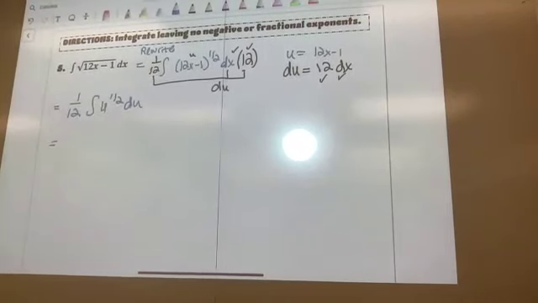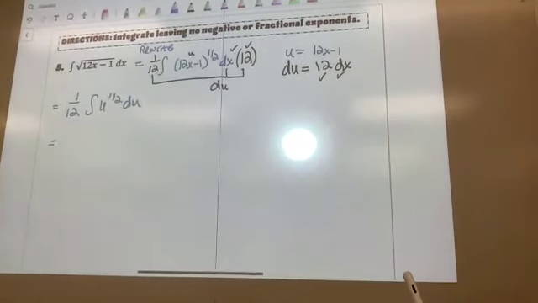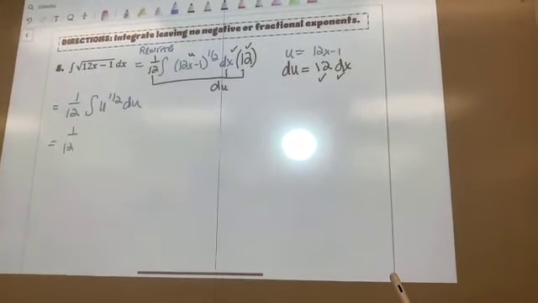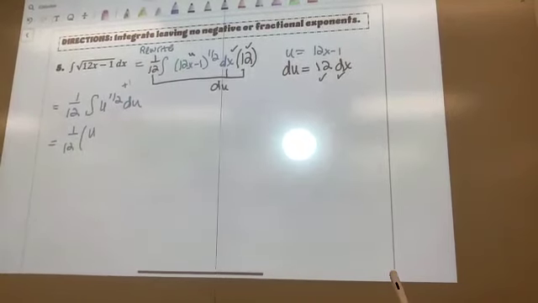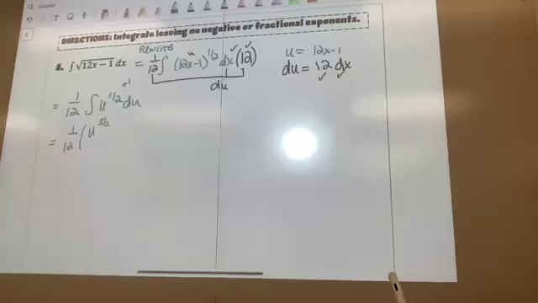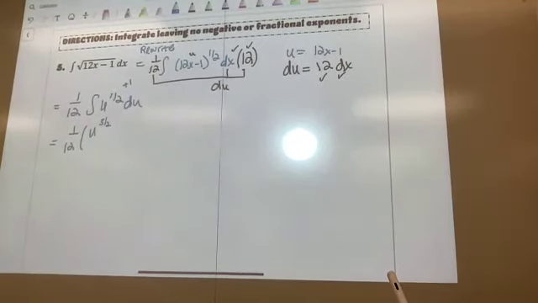Okay, integrate. You guys had some trouble with fractional powers, so I'm hitting on this to make sure we're good. What's the integral of u to 1/2? U to the add 1, 3 halves, plus 2/2. Over. Now, I would divide by 3 halves, but what could I do instead?